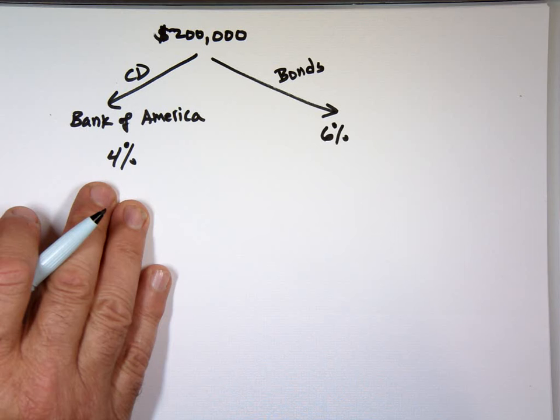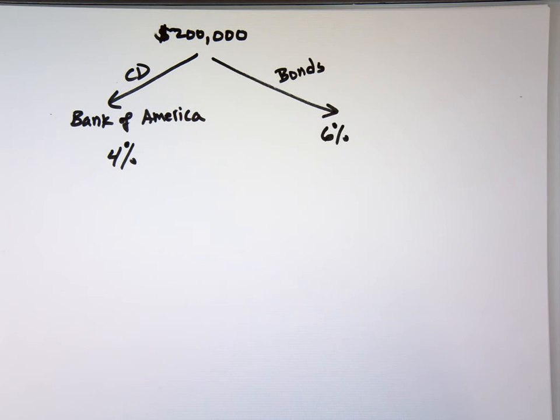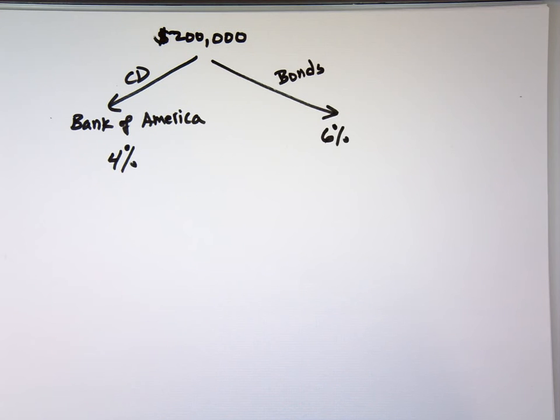Maybe you don't trust the government to handle your money. Maybe you think the bond's going to collapse and you'll lose it. The bank is safer. Or maybe you want to have access to the money. Sometimes when you put it in stock or somewhere, you can't touch the money till a certain age, so you want to have access to it. Or you just want to be diverse. So you know what? I don't know if I trust either one. I'll put some in each one.